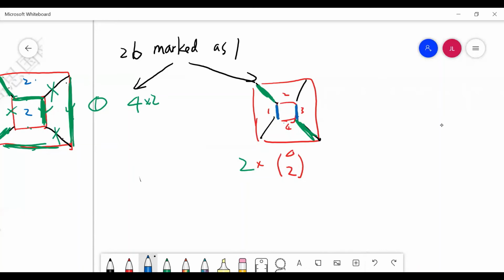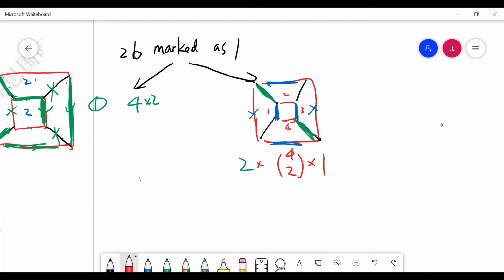If we pick 1, 3, then we cannot do this one. We cannot do this one. We can only do this one and this one. So we got it. So no matter which of these 4 choose 2, there are 6 different ways. Each one will lead to exactly one solution.